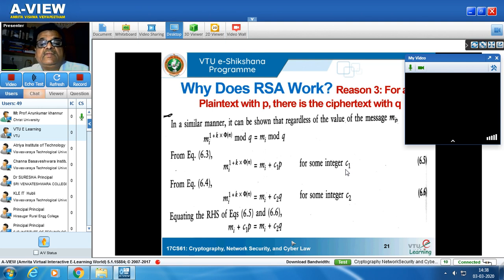Now, whatever message we pick up, if we work out a value for each one of them, what is the value of m1, what is the value of m2, like that.